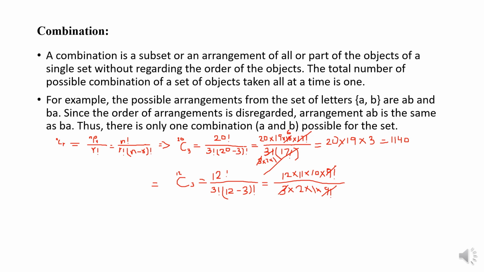3 ones are 3, 3 fours are 12, and 2 ones are 2, 2 fives are 10.